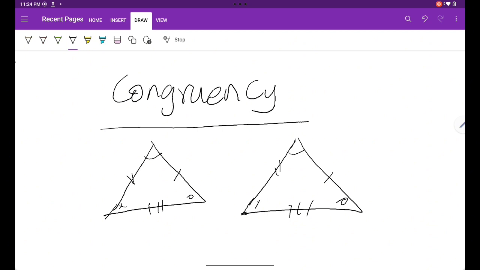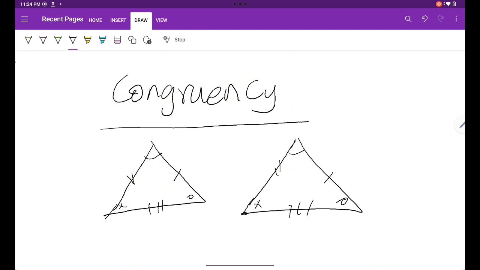If that is the case, then we say the two triangles are congruent. It means if we can cut this triangle and fit it in the other one, it will fit exactly. Hence we say the two triangles are congruent.